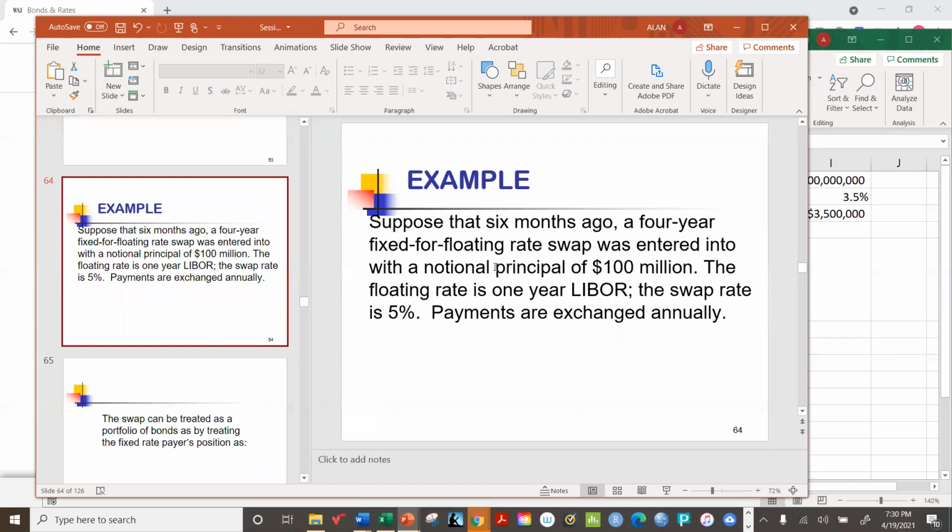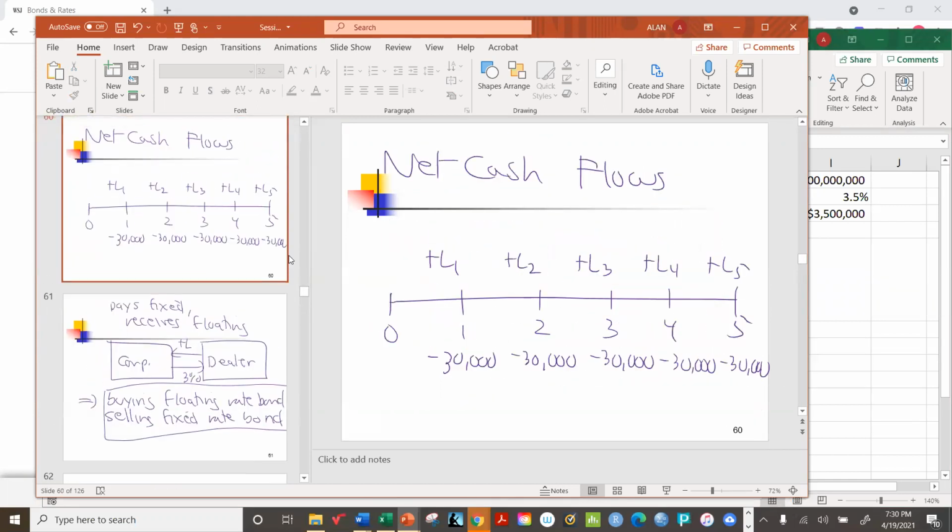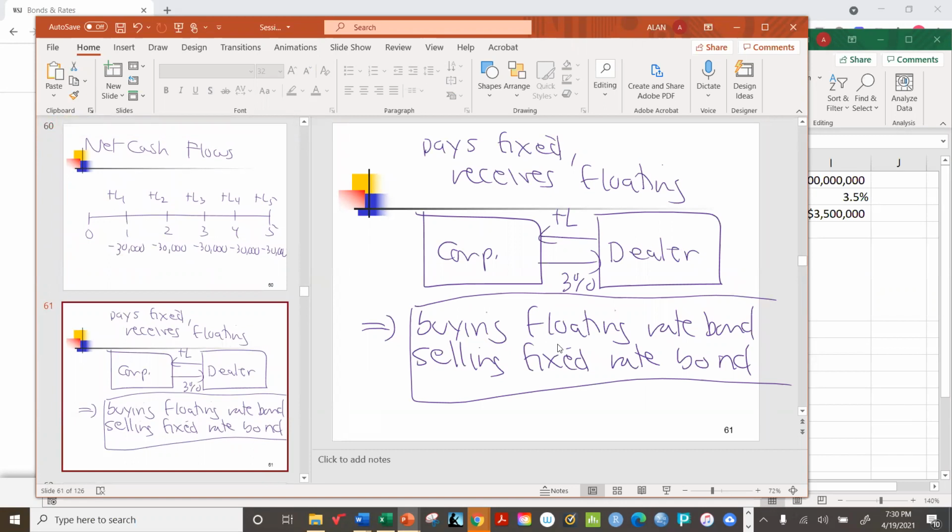And, by the way, I should mention that the coupon of the fictional fixed rate bond that you are buying and selling is the fixed rate in the swap. So in this example, it was 3%. Remember, the fictional fixed rate bond is a 3% bond. So the coupon in that bond is the fixed rate in the swap.